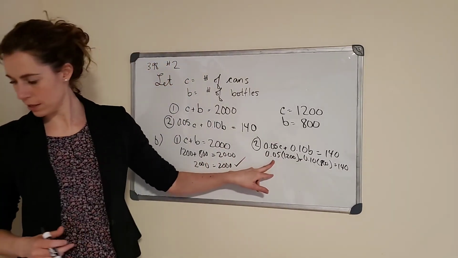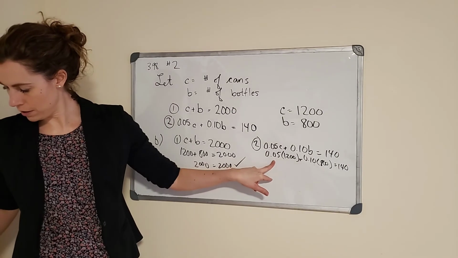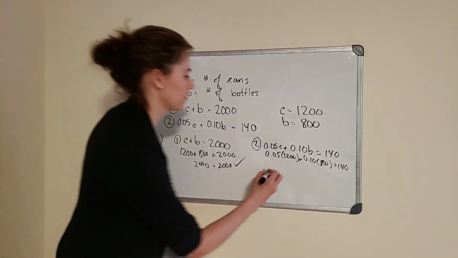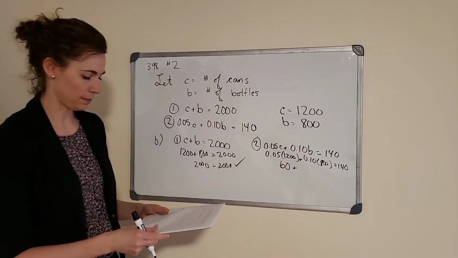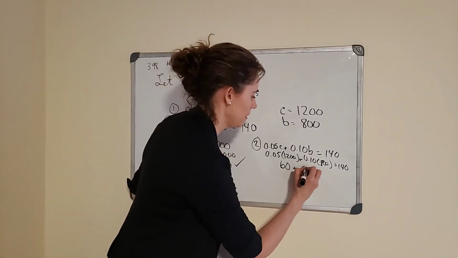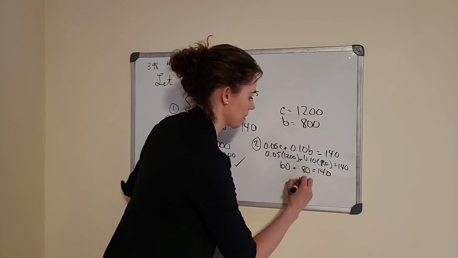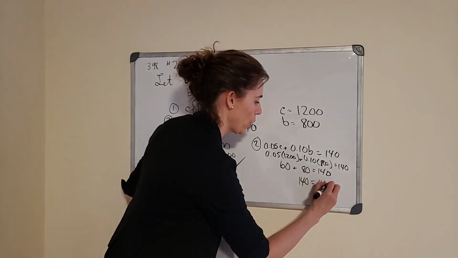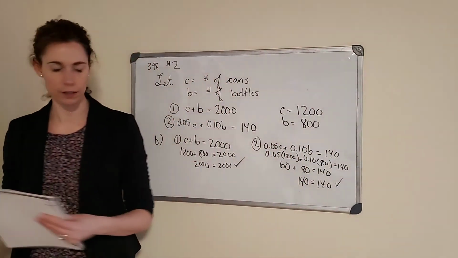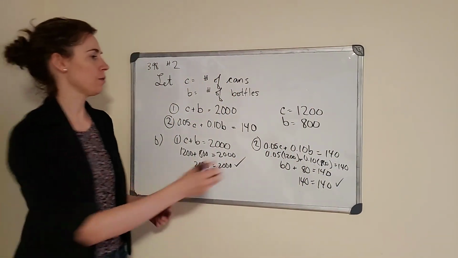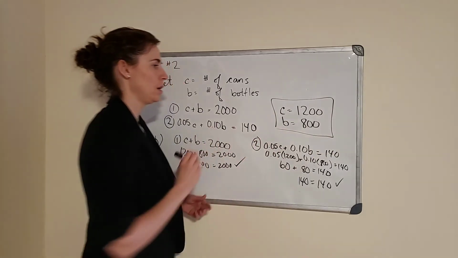So we've got this, 0.05 multiplied out by the 1,200 gives me 60. 10 cents times the 800, we know that would be 80. Is 60 plus 80 140? Woohoo! It is, great. So we have solved it correctly, or they solved it correctly. We verified it. So the number of cans and bottles was indeed this.